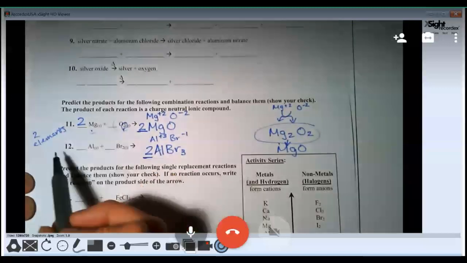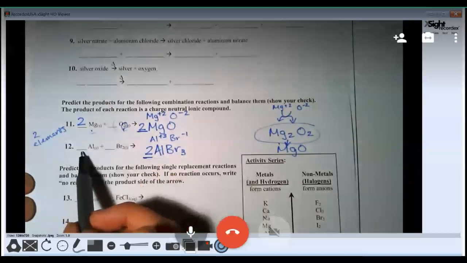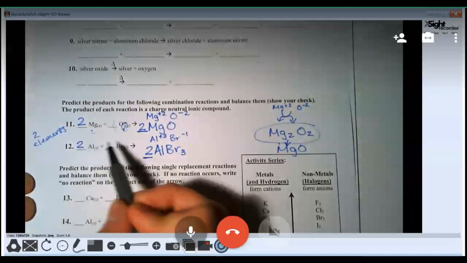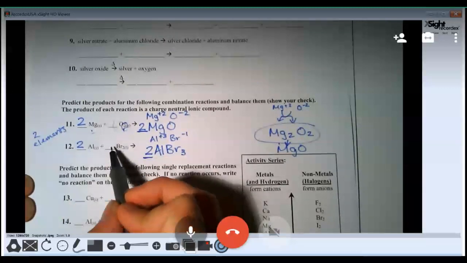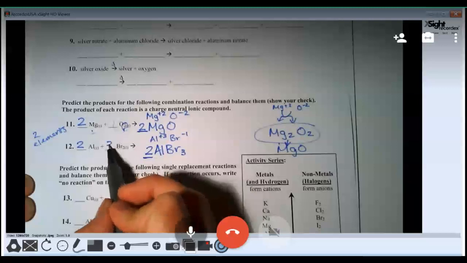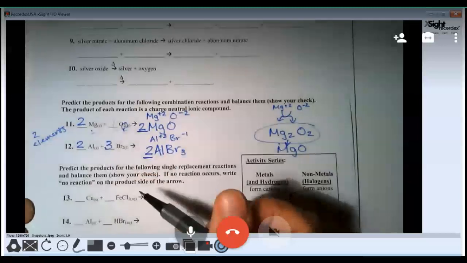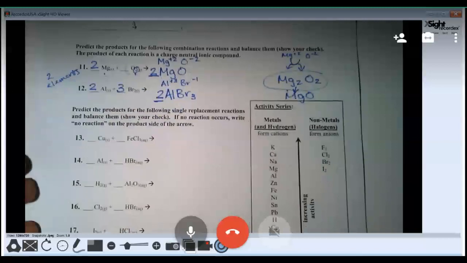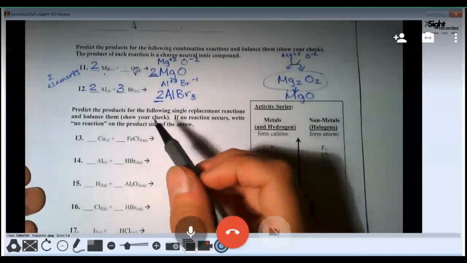So what do I need to put in front of aluminum to fix that? 2 in front of aluminum. And what do we put in front of bromine? A 3. Perfect. So now we have a good balanced equation here. All right. Does that help a little bit with synthesis reactions? Good on those?